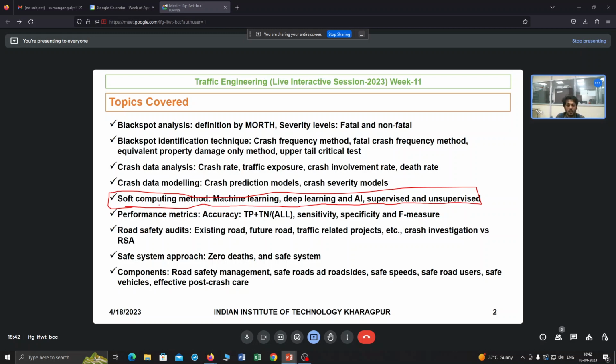Is it that the ambulance has proper first aid facilities installed in it? So these are the topics that have been covered in this module.